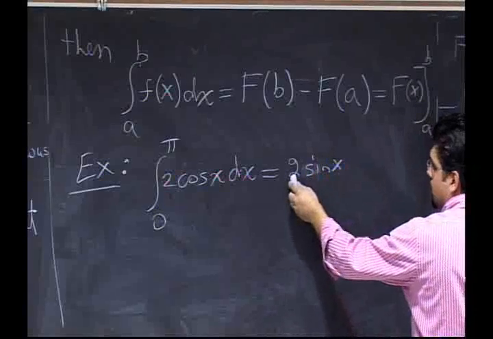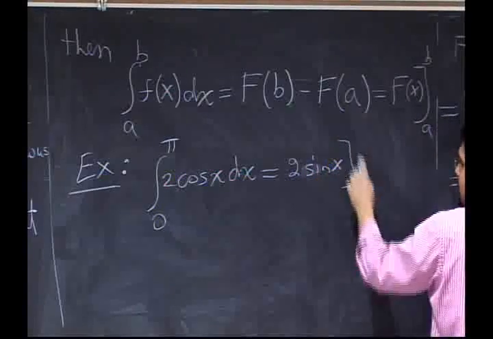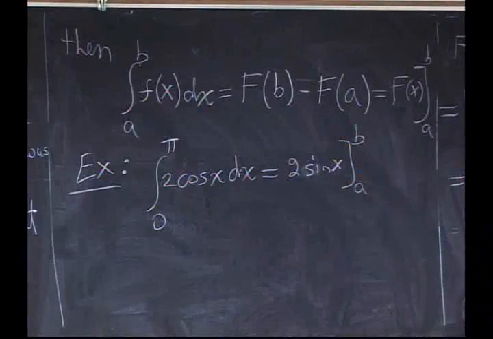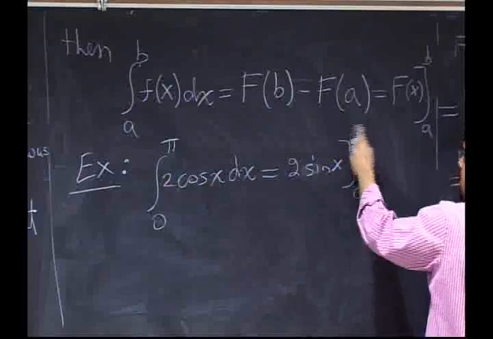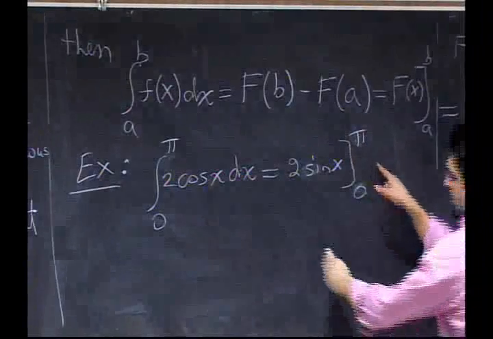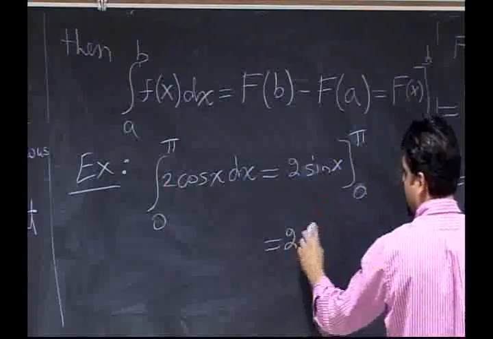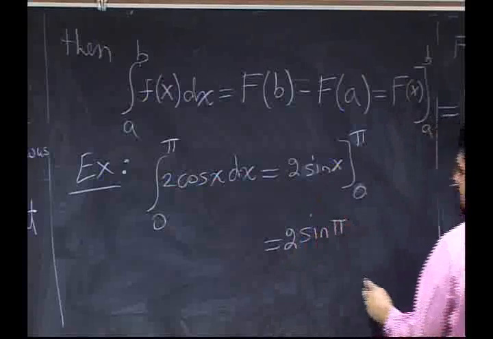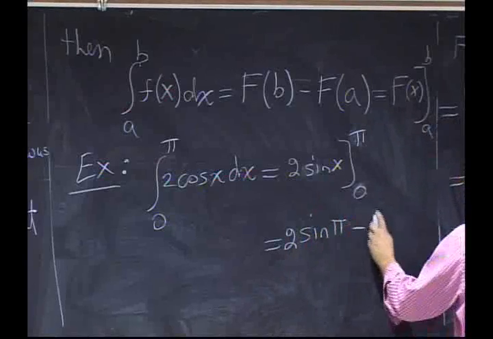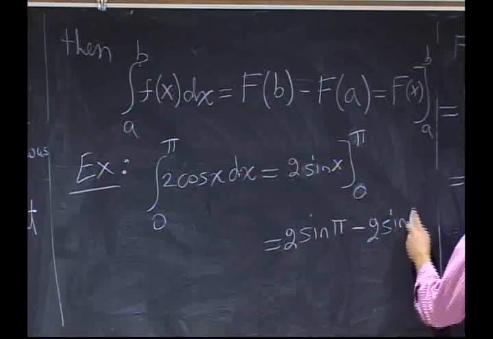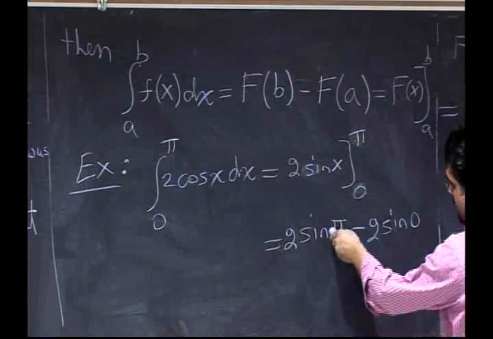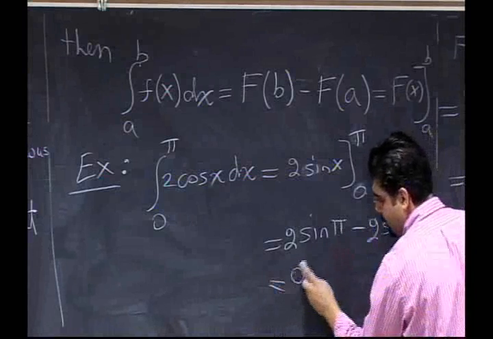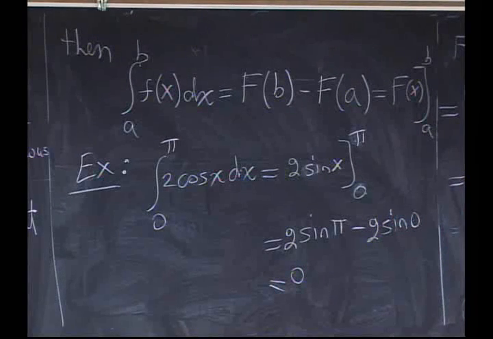So I want to evaluate 2 sine x from 0 to pi. Okay, what that means is I just want to evaluate this function at pi, minus at 0. And sine pi is 0, and sine 0 is 0, so this is 0. That's the integral. Okay?